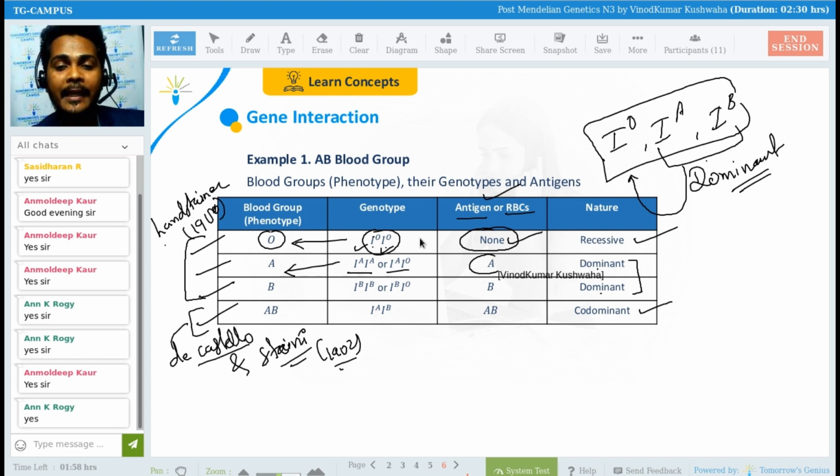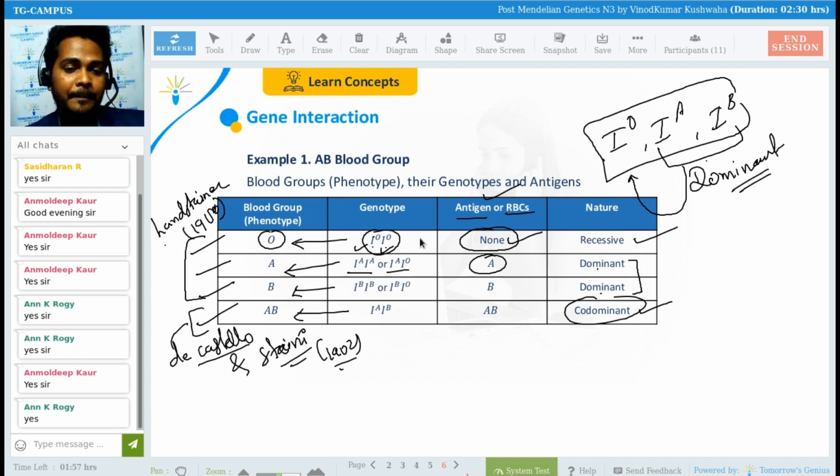Because they have antigen A present on their plasma membrane. Similarly, a person with IB or IBIO alleles has blood group B, right? And if the person has IA IB alleles, they have blood group AB, because both IA and IB alleles are co-dominant. So this is the possibility of blood groups, right?